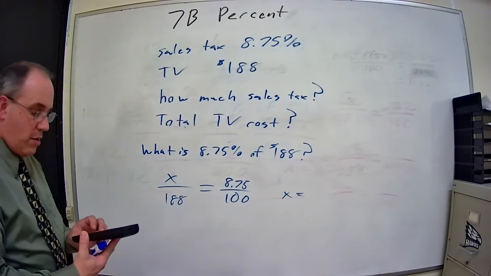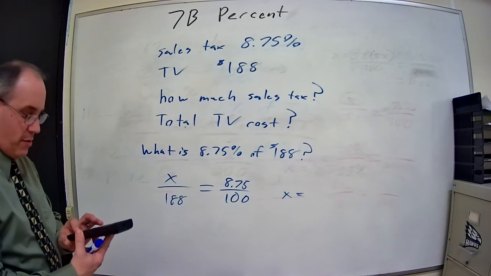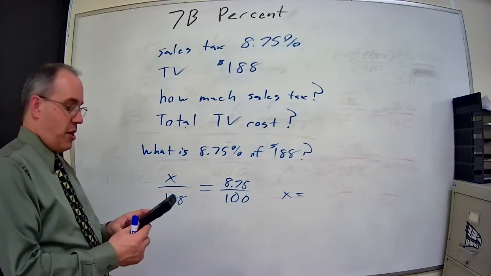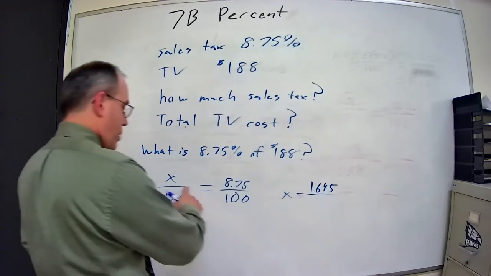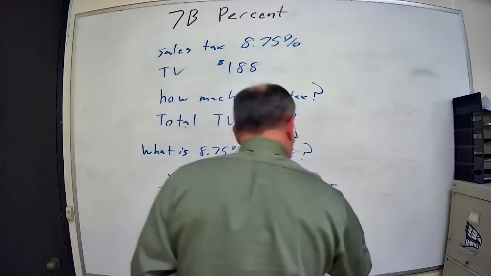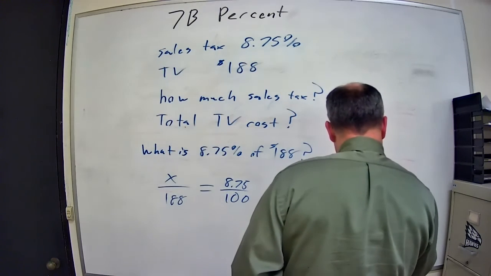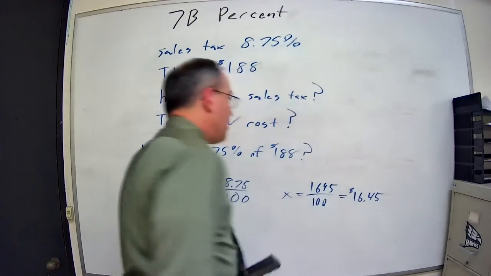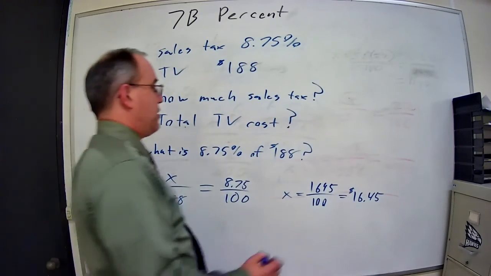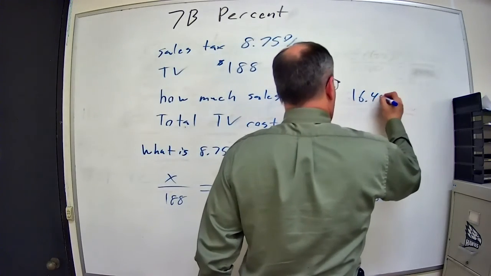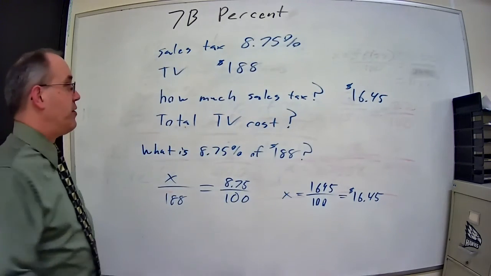So 188 times 8.75, which gives us 1,645 divided by what's opposite, 100, which gives us $16.45. So that's the answer to our first question, how much sales tax? $16.45.